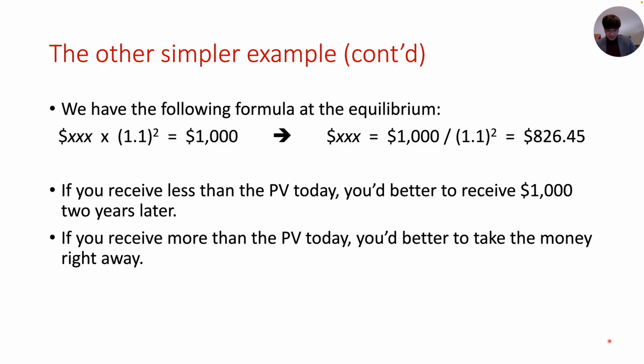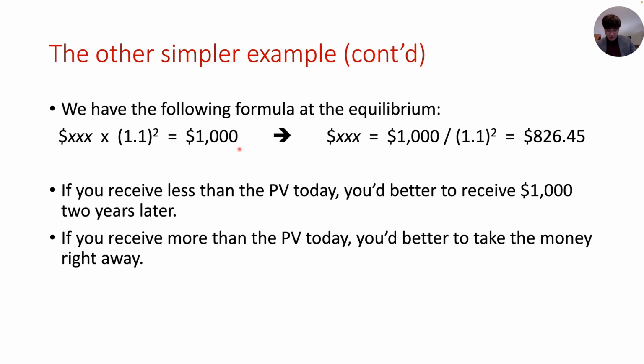And we have the following formula at the equilibrium in the same manner. At the equilibrium, your investment of the money received today, which equals the amount of money received times 1.1 and times 1.1 again, makes $1,000.